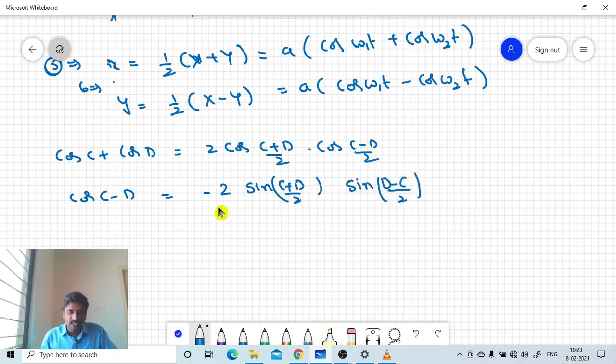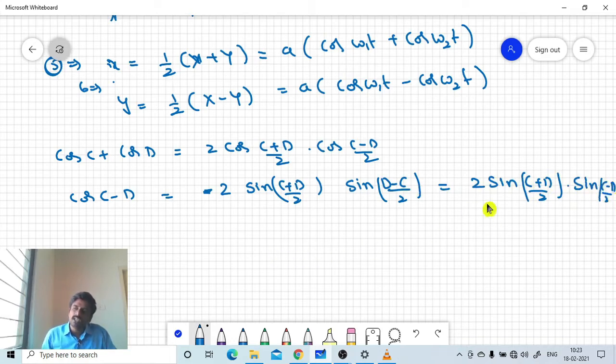Otherwise, simply we can write it as 2 sin of C plus D by 2 and sin of C minus D by 2. Otherwise D minus C by 2 is better, because omega 2 has a slightly higher frequency. We will use this formula.